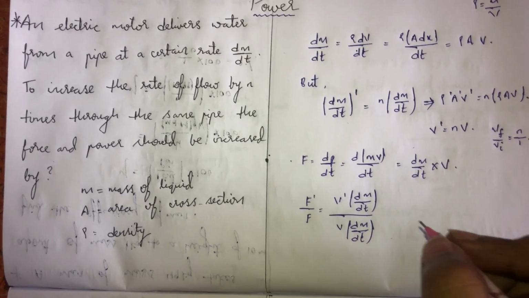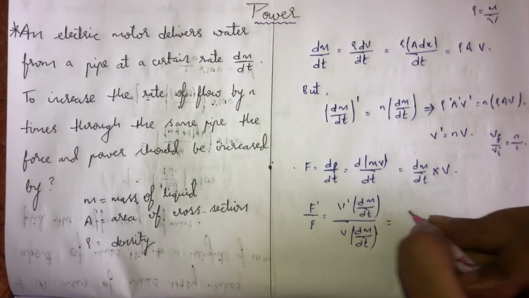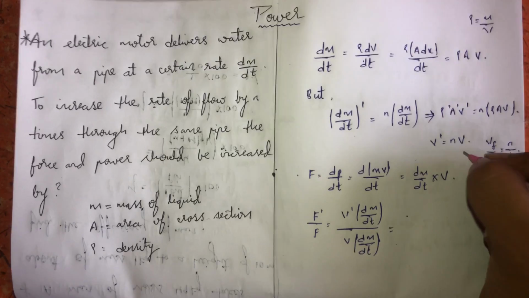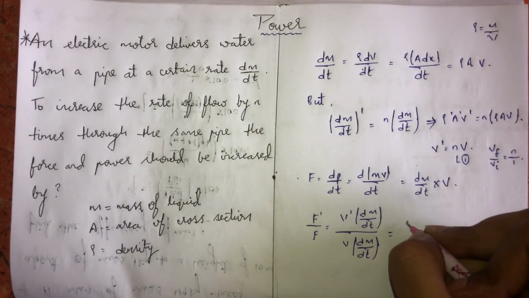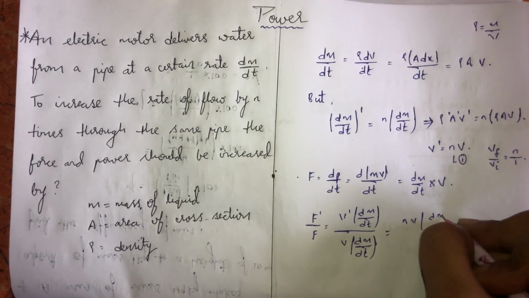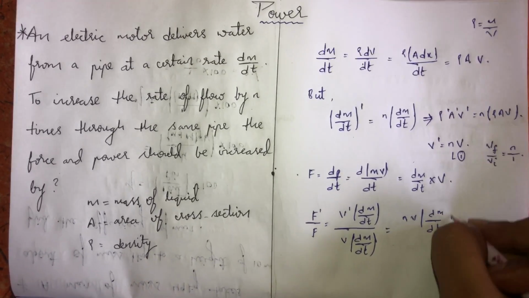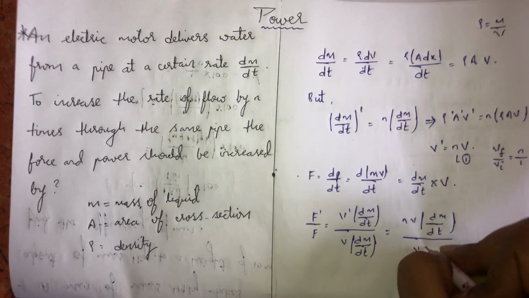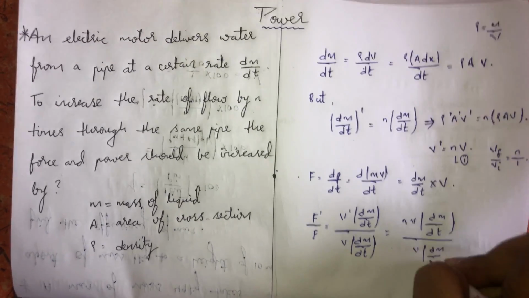What is the value of v dash? From the earlier equation, v dash is nv.